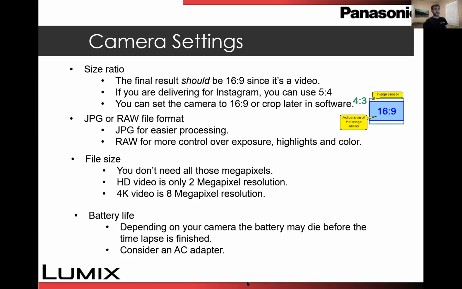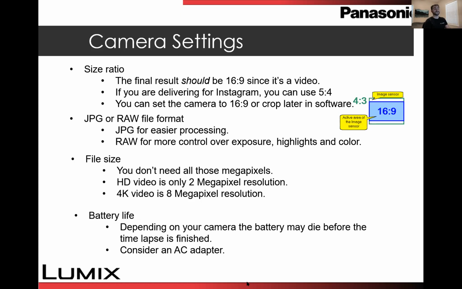So once you know where you want this delivered and you have an idea of what aspect ratio you're going to have your camera set up, now comes the choice of, do you record RAW or JPEG? Or do you record both? This is going to come down to your level of wanting to work on these files. If you're doing JPEGs, it's the same principle that we follow in photography.